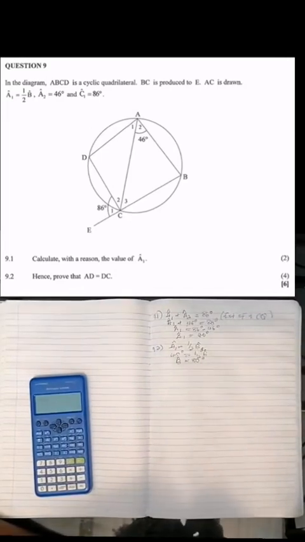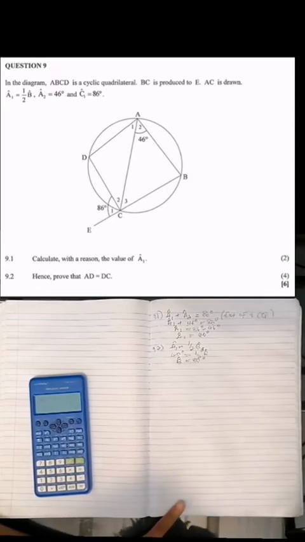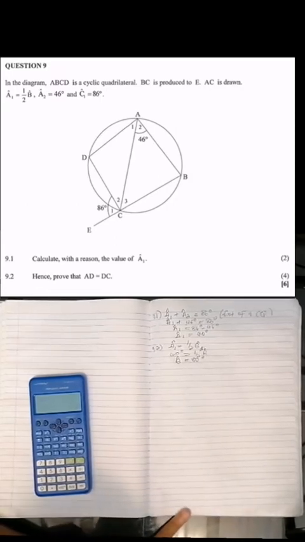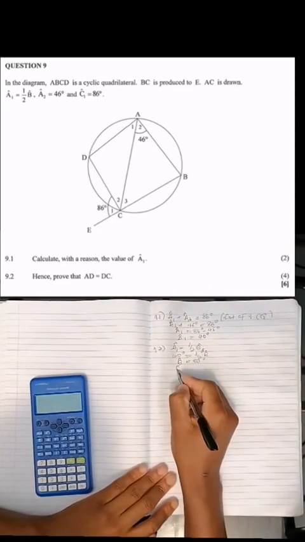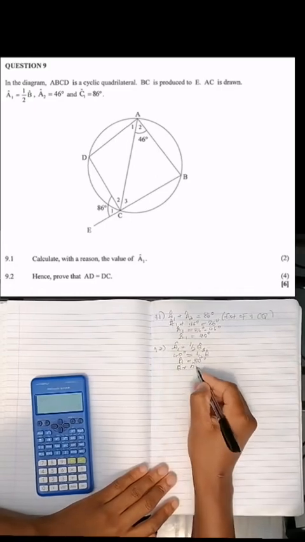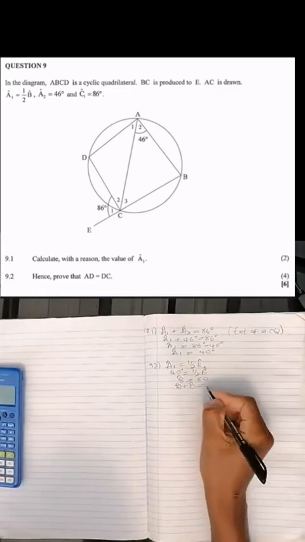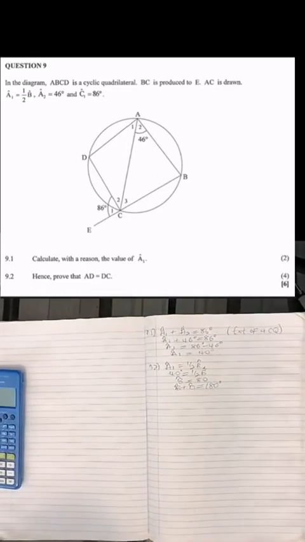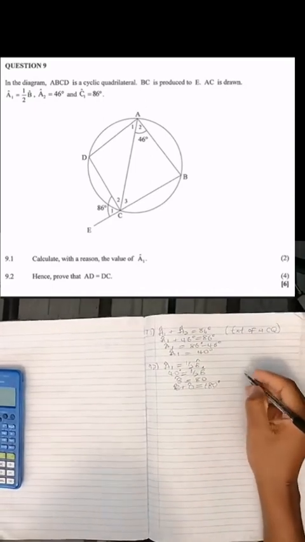They said that we should prove AD is equal to DC. Since we have found out that B is equal to 80 degrees, we can also calculate angle D. What is angle D? We can say angle B plus angle D is equal to 180 degrees. Why do we say that?